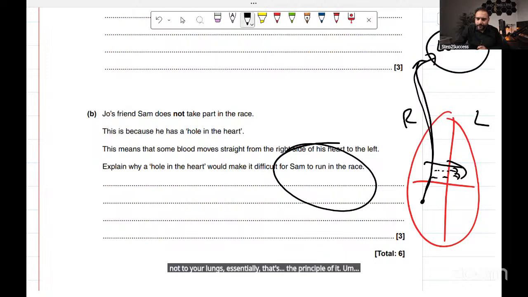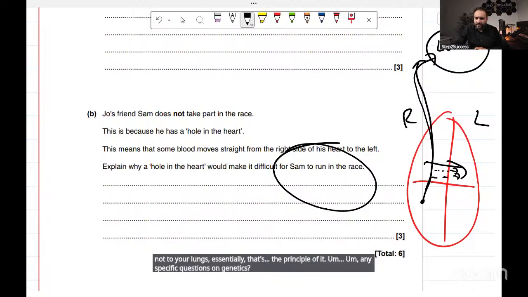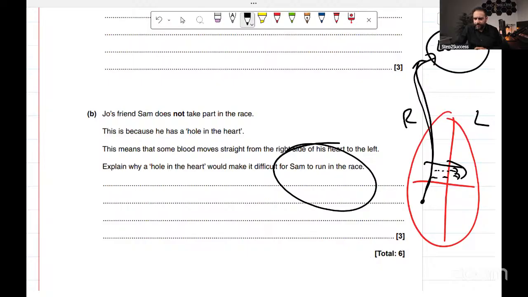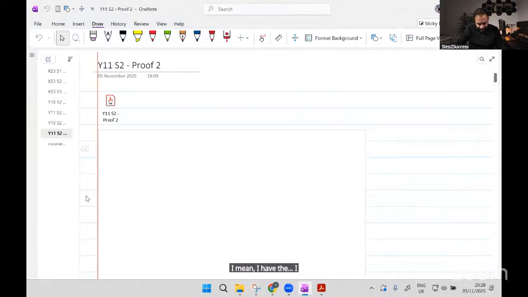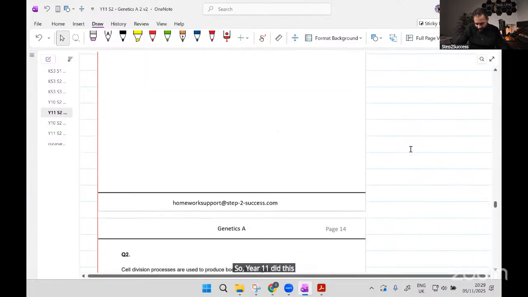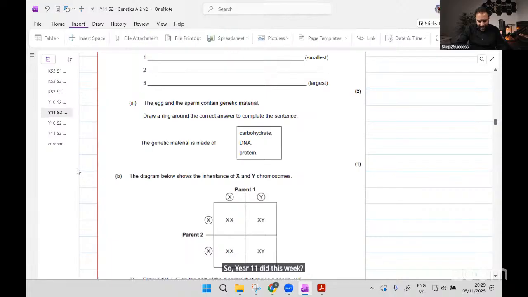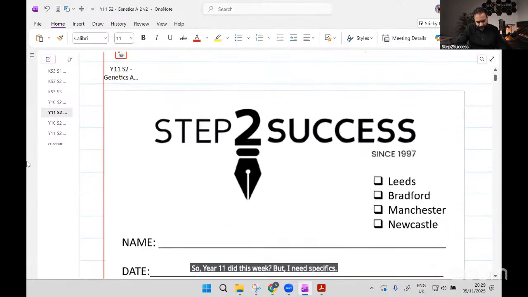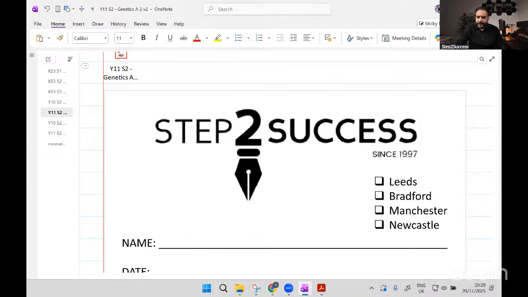Any specific questions on genetics? Is that from the homework that you're asking me about? I have the genetics somewhere here, which is what year 11 did this week, but I need specifics. Any other questions from any of the other booklets?